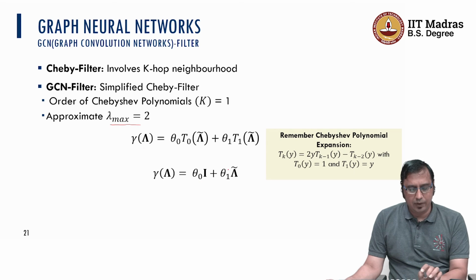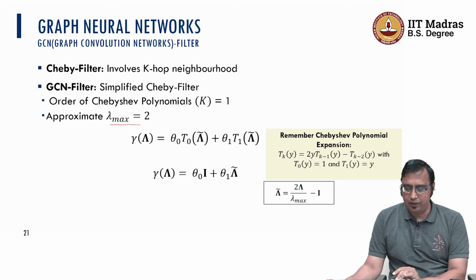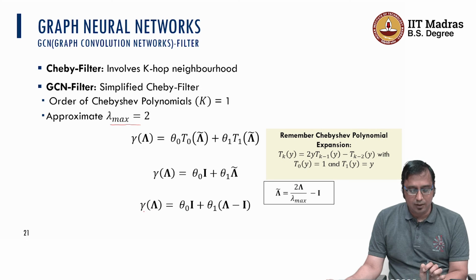Now, remember we made an assumption that lambda max is equal to 2. Can we simplify further? Lambda tilde is equal to 2 lambda divided by lambda max, minus I. This one can be further simplified by substituting 2 here, which leads to lambda tilde equal to lambda minus I, and hence we can substitute here and get our GCN filter as theta 0 I plus theta 1 (lambda minus I).